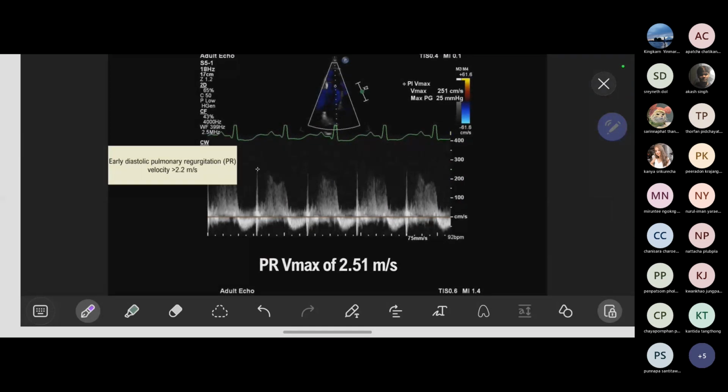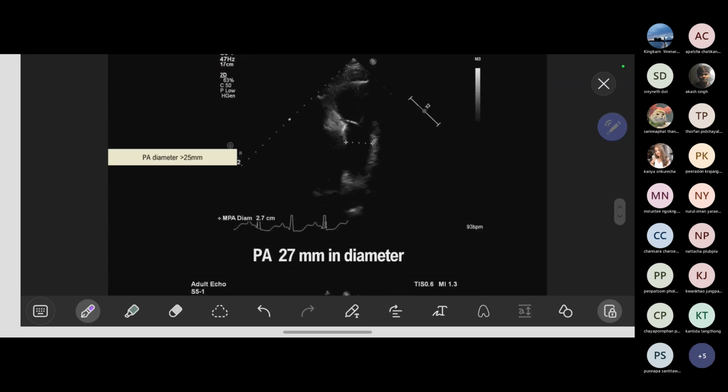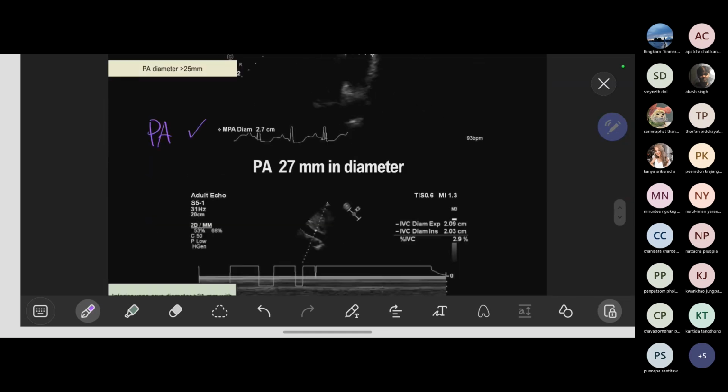This echocardiogram shows PR max 2.5, which is more than 2.2. So this category, pulmonary artery, is abnormal. And PA diameter is more than 2.5, so the PA category is abnormal.